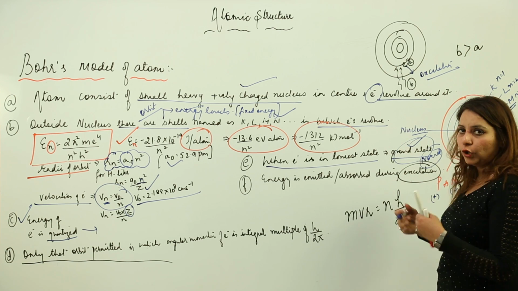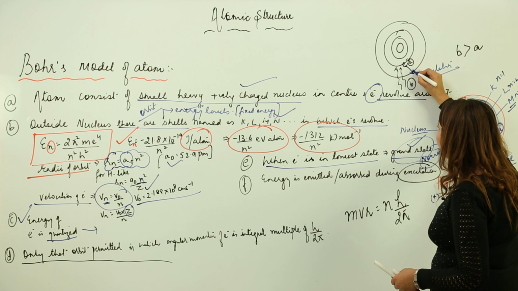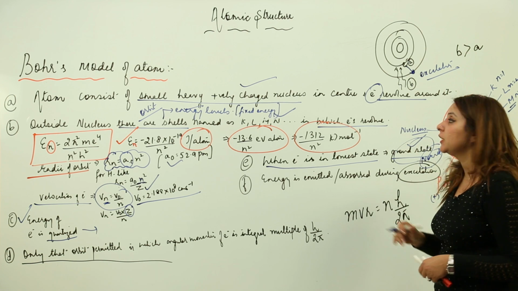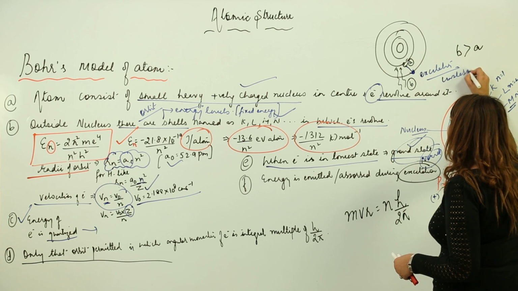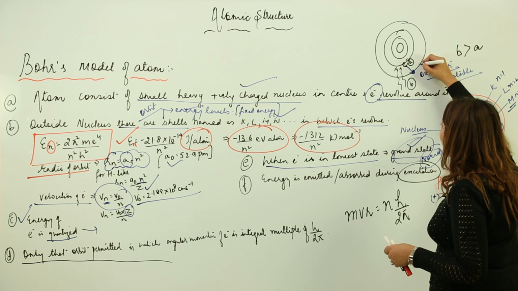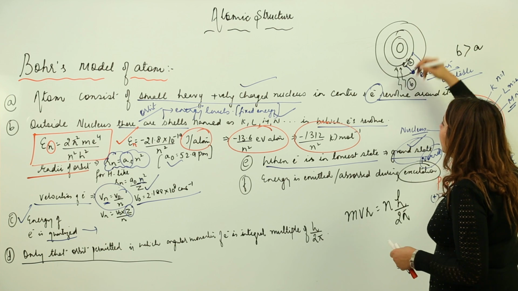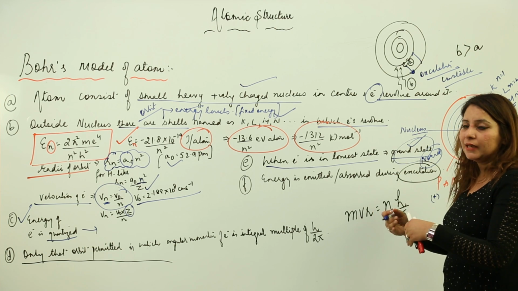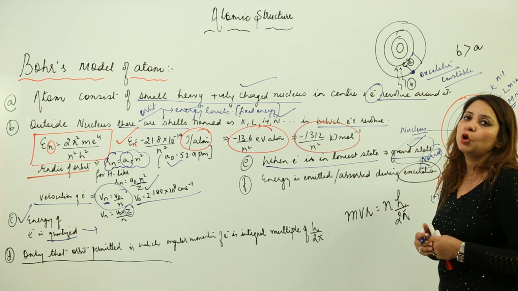So it gets excited to the high energy level. Then what happens? It remains here for a certain period of time, but excited states are always unstable. So ultimately it returns to its original shell, and when it does, it releases the absorbed energy.